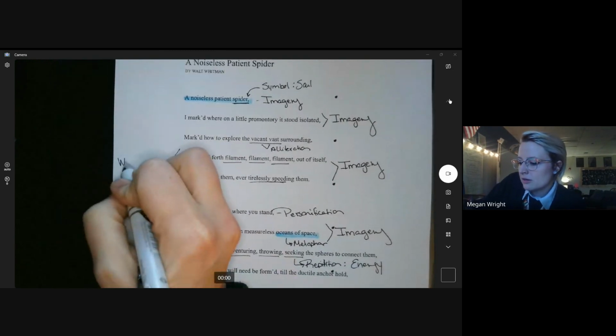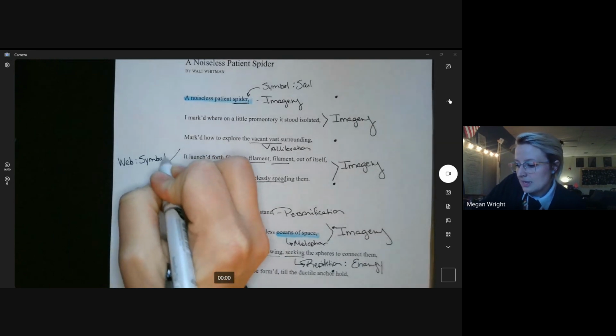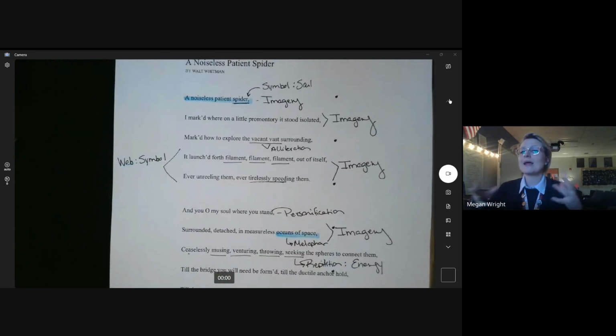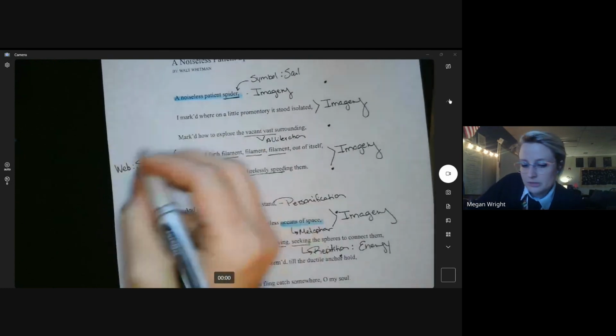But the web here also is going to be a symbol for us, as that symbol is specifically referring to human connection, the way that people connect. This filament that the spider is launching forth are all of the ways that we as people try to connect with other people. So we'll make that note.